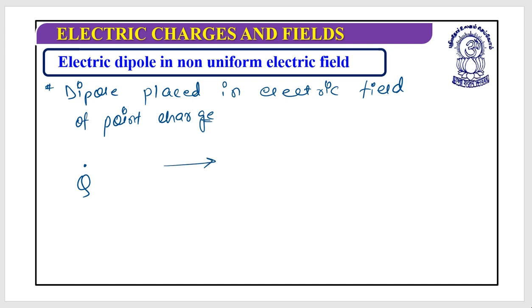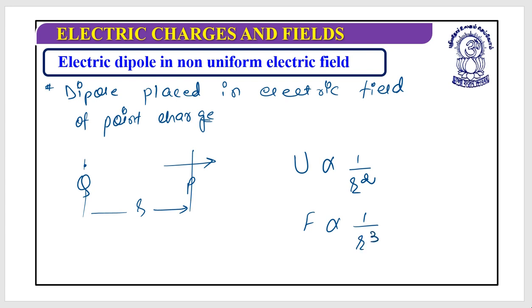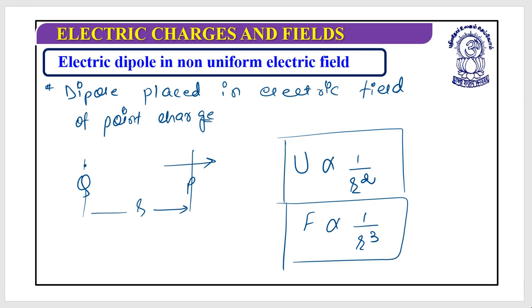This was the dipole. Then its potential energy is inversely proportional to the square of the distance. Remember this thing. And its force is 1 by r cube. Do remember these two things. These are very important.